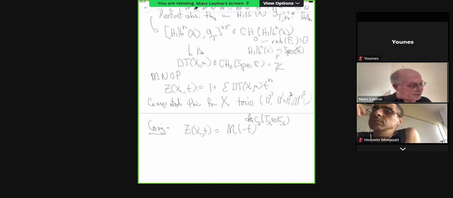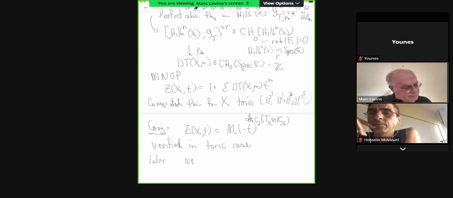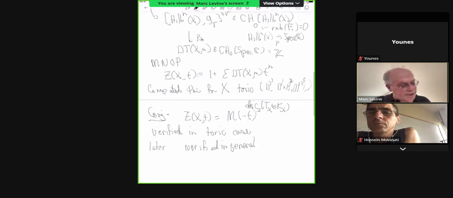And they verified this in the toric case. And then this was later solved or verified in general, so in other words, for a general smooth projective threefold, by Jun Li, and then also by myself and Pandharipande.